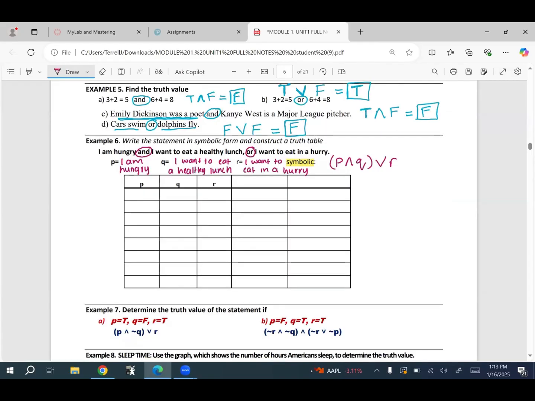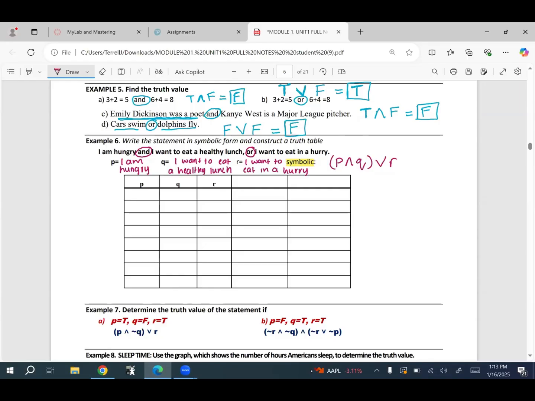Okay. So when I create this truth table, the propositions are P, Q, and R. And again, I have to figure out all the possibilities. That's what a truth table is. It's all the possible options for truth values for these 3 propositions combined. So remember how I figured out how many options I have?